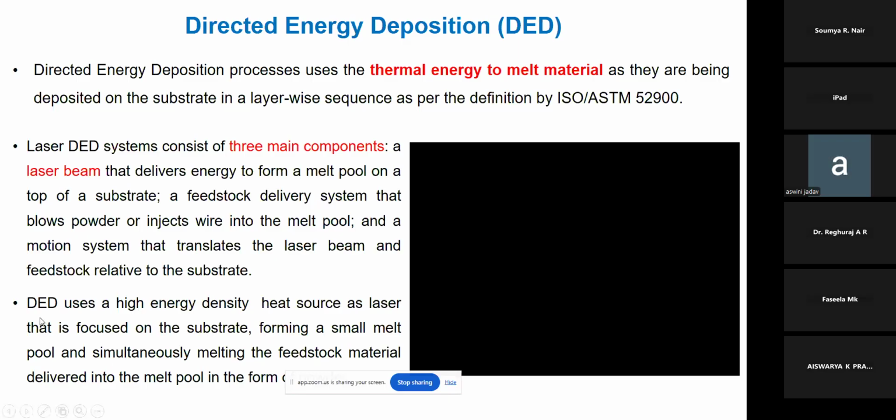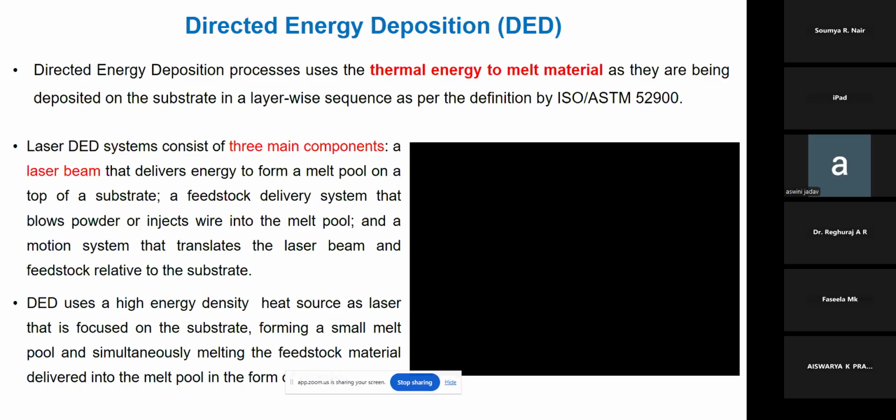So the DED uses a high energy density heat source such as a laser that is focused on the substrate, forming a small melt pool and simultaneously melting the feedstock material also delivered into the melt pool, right? I hope you understand. So it will heat the substrate, maybe the base plate or maybe the existing part.